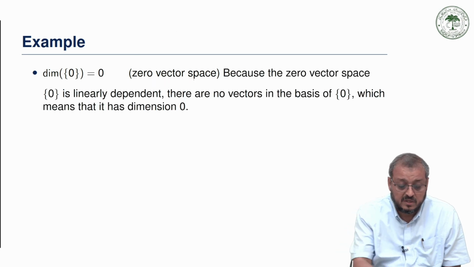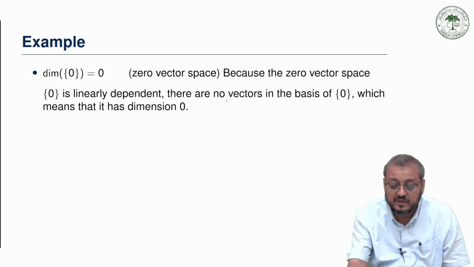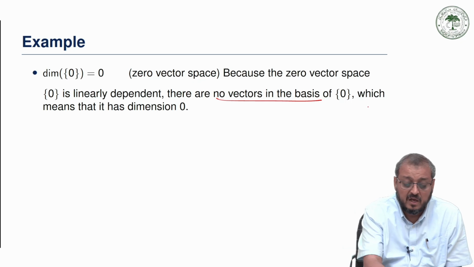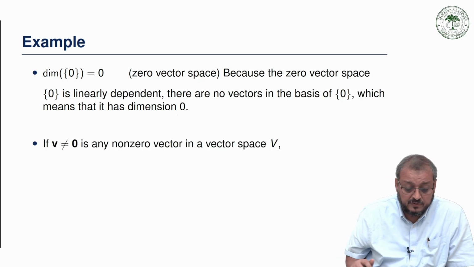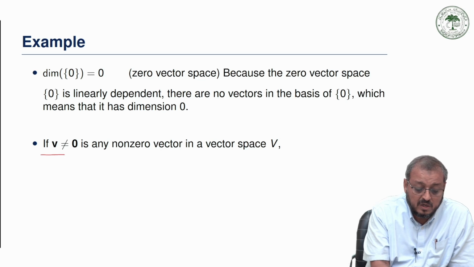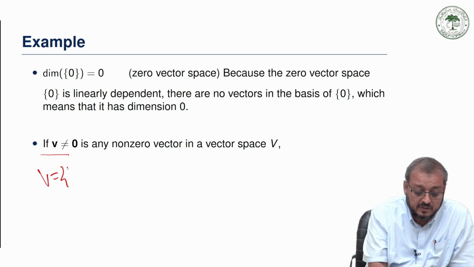Because this set is linearly dependent, there are no vectors in its basis, which means it has dimension 0. Now suppose we take V to be the set containing a single non-zero vector v.